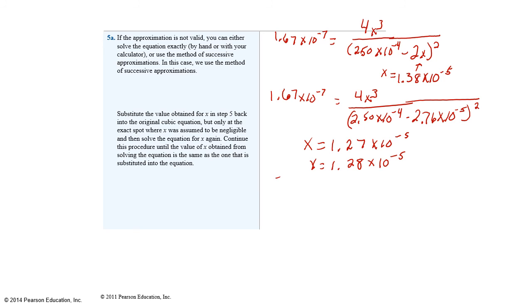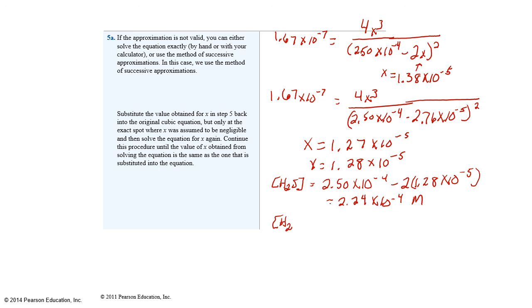So we can find for H2S, our concentration is going to be 2.5 times 10 to the minus fourth minus 2 times 1.28 times 10 to the minus fifth, which gives us a value of 2.24 times 10 to the minus fourth molar for our equilibrium concentration of H2S.